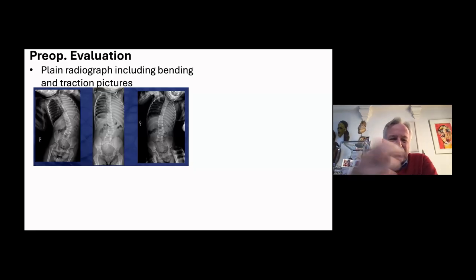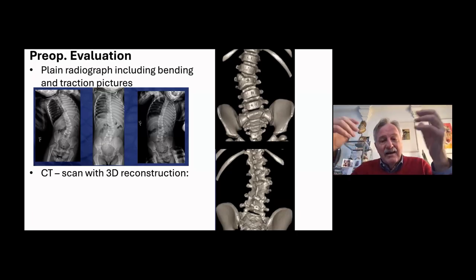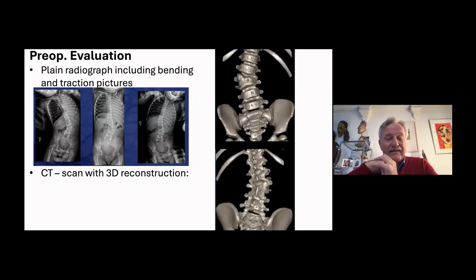For me, the traction is more important than the bending, because the bending is submitted to different problems like own muscle activities, whereas when you really do traction films, you can see how the spine can develop when you take the load away from the spine. And then, of course, this 3D reconstruction of the CT is very fundamental today, as we have seen, and I will show again for the preparation of the surgery and the execution of the surgery.